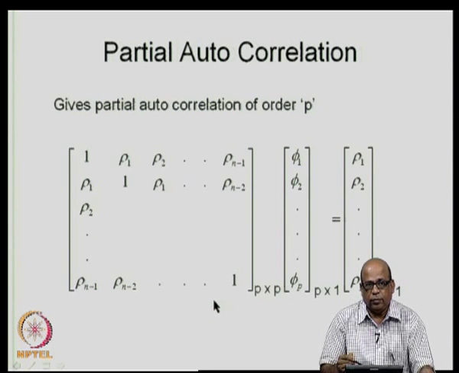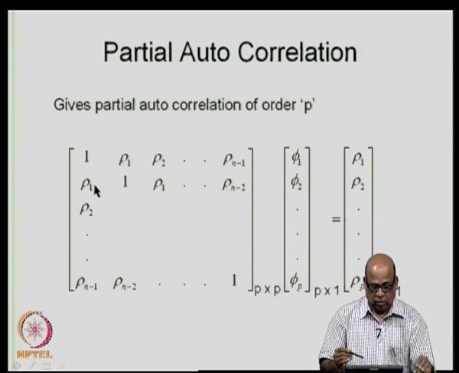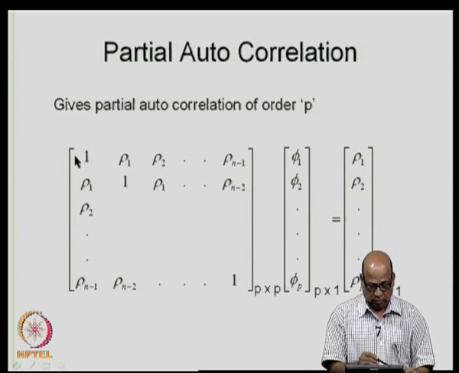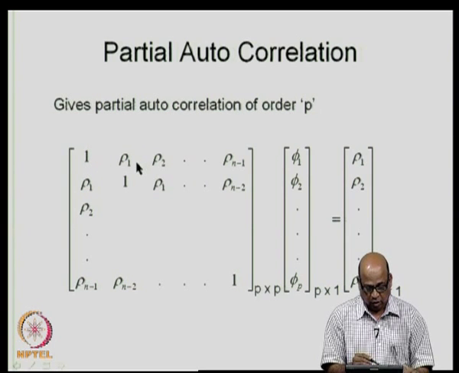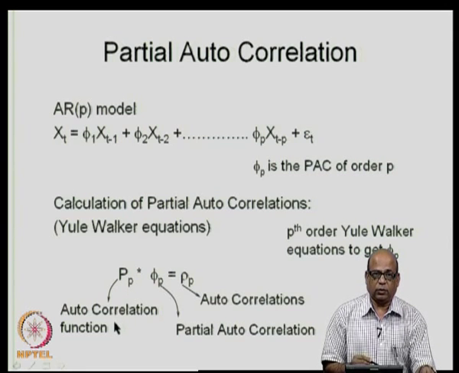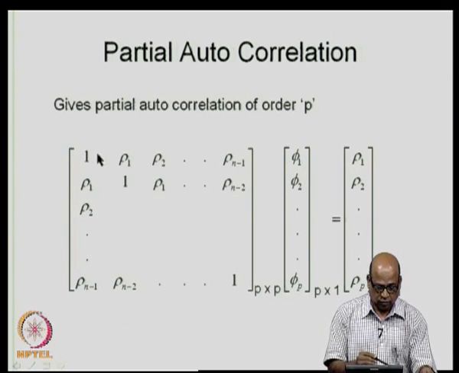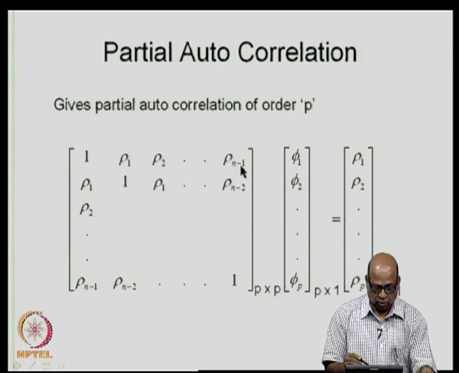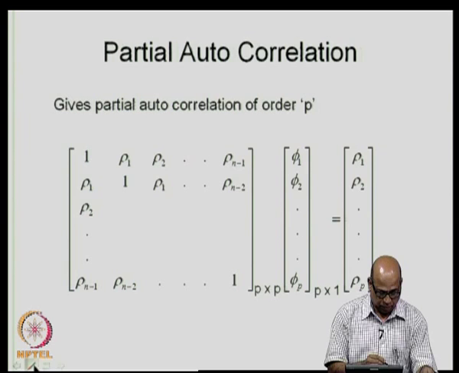So, if you write this in the long form, this is your P p, or what we call the autocorrelation function. So, the autocorrelation function is 1, rho 1, rho 2, etcetera, rho n minus 1, like this it goes, and similarly this has to be p, I am sorry, this has to be p here.